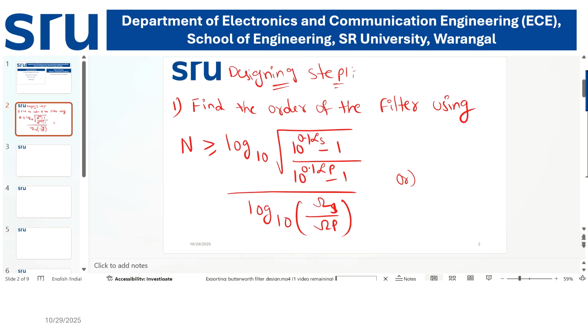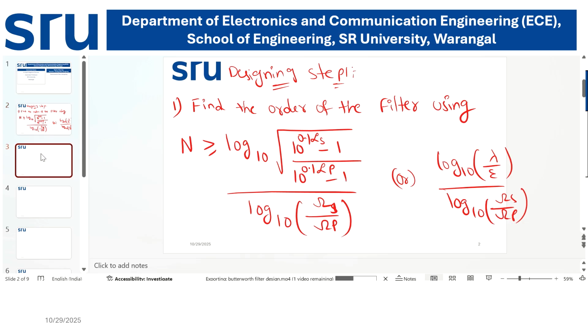Or we can use log base 10 of lambda by epsilon divided by log base 10 of omega s by omega p. Now lambda is equal to square root of 10^(0.1 alpha s) minus 1, and epsilon is equal to square root of 10^(0.1 alpha p) minus 1.